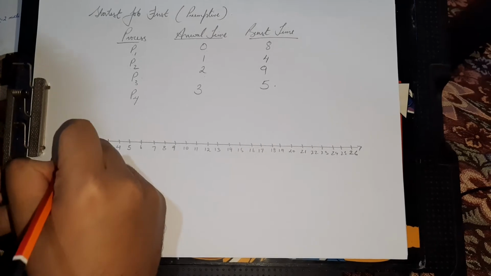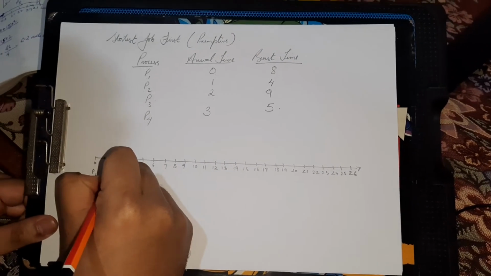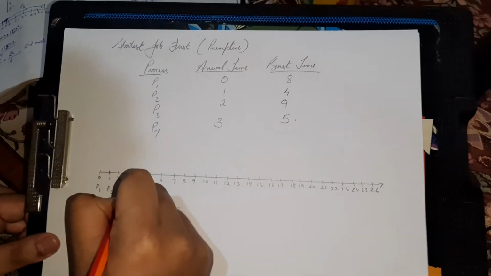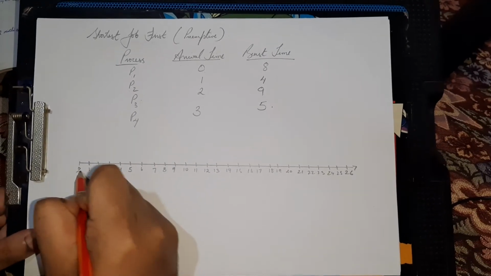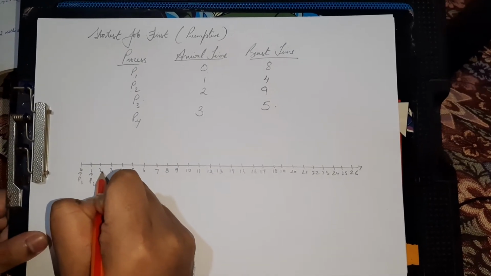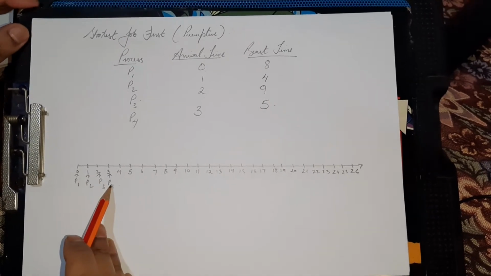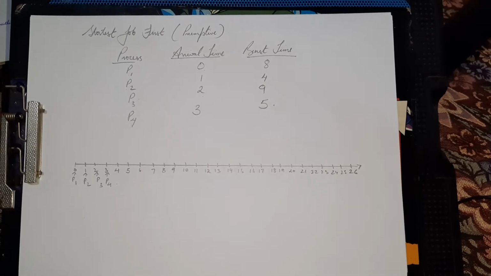So let's put it down here, the arrival time. So let's say P1, P2, P3, and P4, because P1 arrived at 0 milliseconds, P2 at 1, P3 at 2, and P4 at 3 milliseconds.